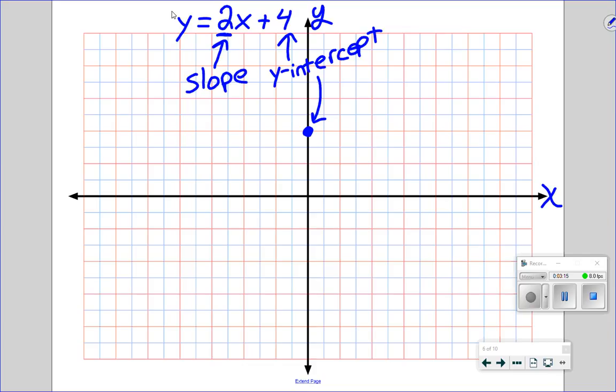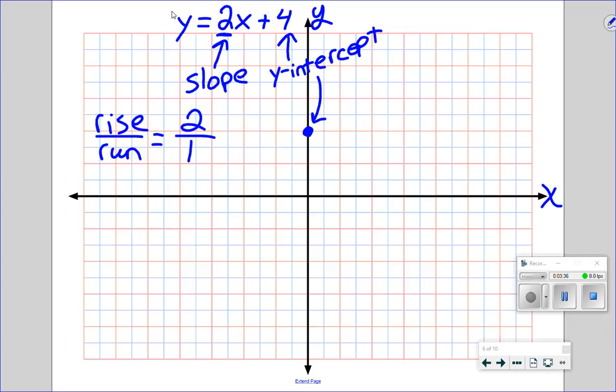Okay, now we're going to use the slope. So since the slope is 2, and remember on a graph, the slope is rise over run. So if my slope is 2, we can think of that as 2 over 1. That means from any point, from one point to the next point on this line, we're going to rise 2 and run 1.